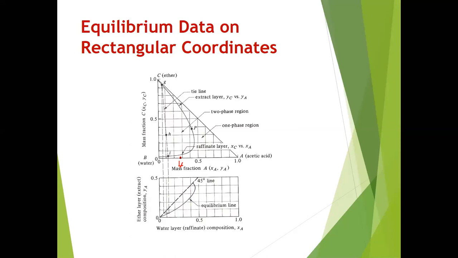And what you're going to do from this point, you place it on the phase envelope because our raffinate is right on the phase envelope. It's not here on the horizontal axis. I only place it here so I can project it on the lower part of the phase envelope. Then what you're going to do is go down until you reach the curve. Then you go left until you reach the line. And then you go up.